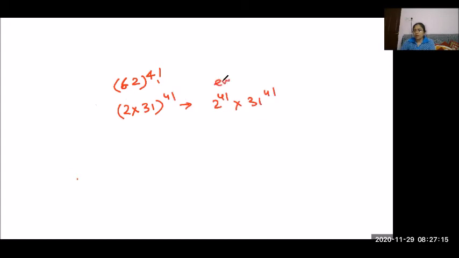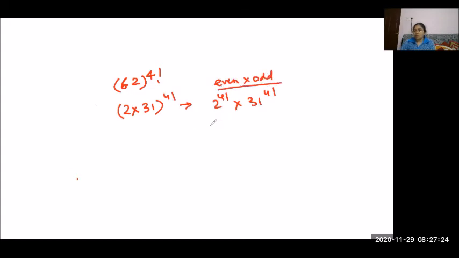Now, say I'm taking one question: 62 to the power 41. If you multiply 2 and an odd number, we get an even number, right? So it is 2 to the power 41 into 31 to the power 41. You know how to handle an even base and how to handle an odd base; both we have discussed.